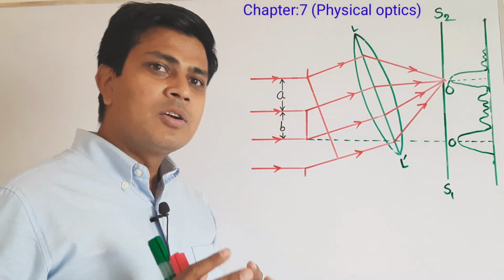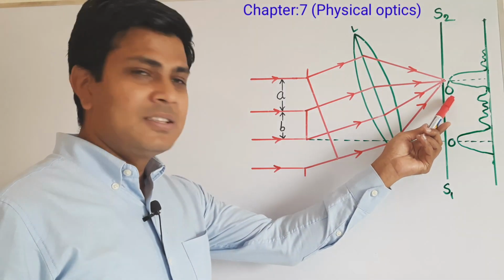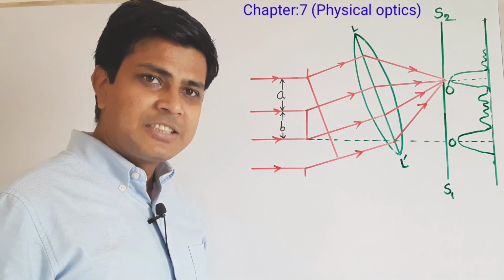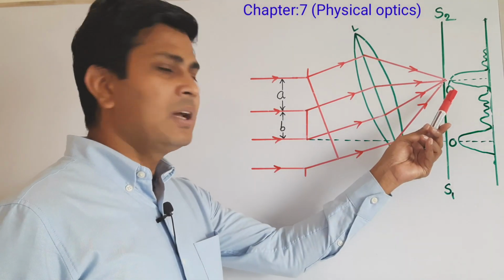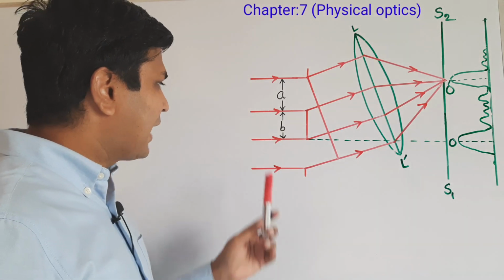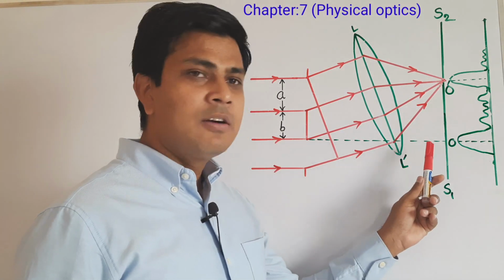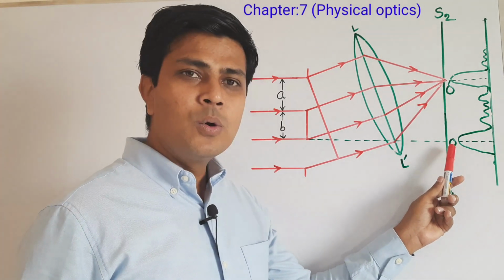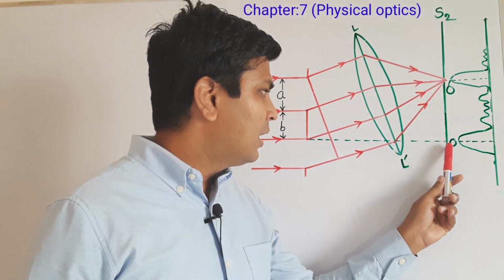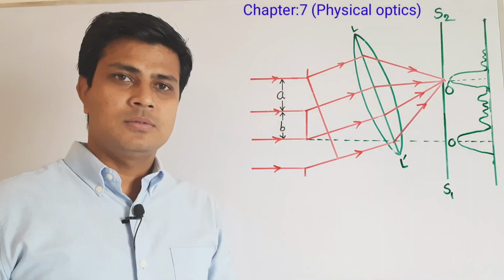When constructive interference takes place here, we will get maxima, and when destructive interference takes place here, we will get minima at point O prime. Most of the light cannot bend; it moves straight and falls on the screen. Here O is the central maxima point, and from point O the intensity of light decreases.